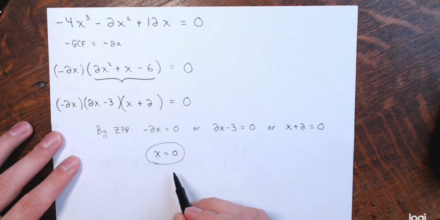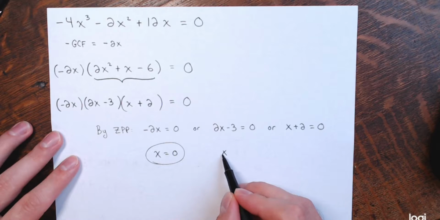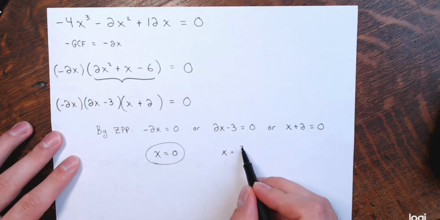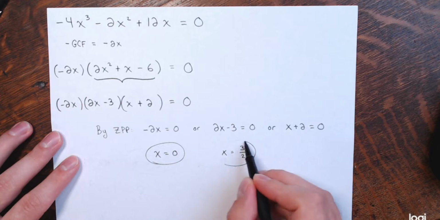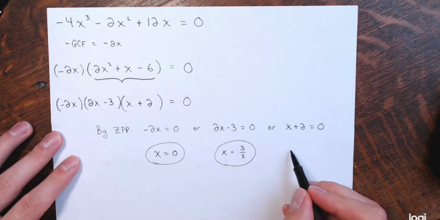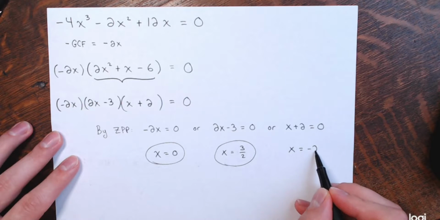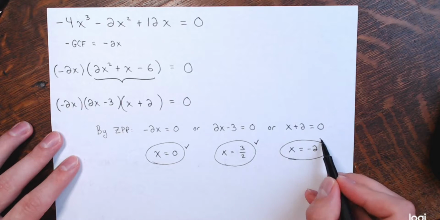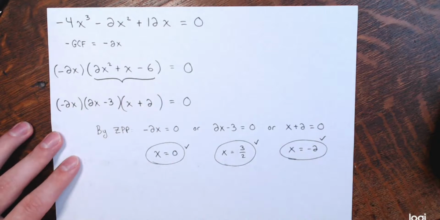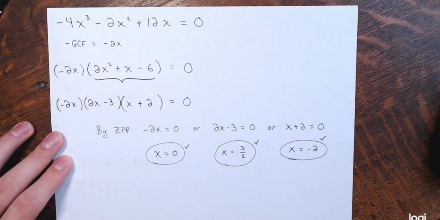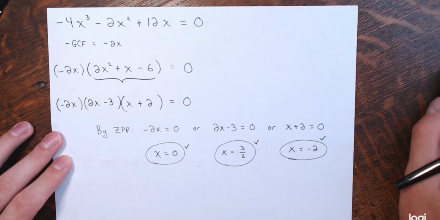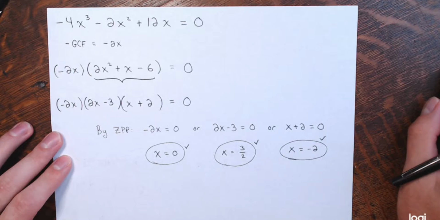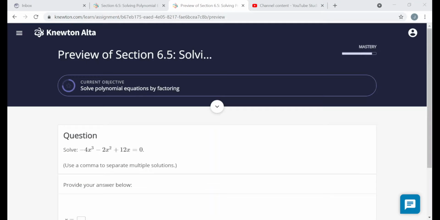So x equals 0 is one solution. x equals positive 3/2, add 3 and divide by 2 there, and subtract 2 from both sides on this, x equals -2. Right. And again, I'll put the little check marks to remind you to check back in the original statement, see that it makes it true. So 0, 3/2, and -2 for this one.